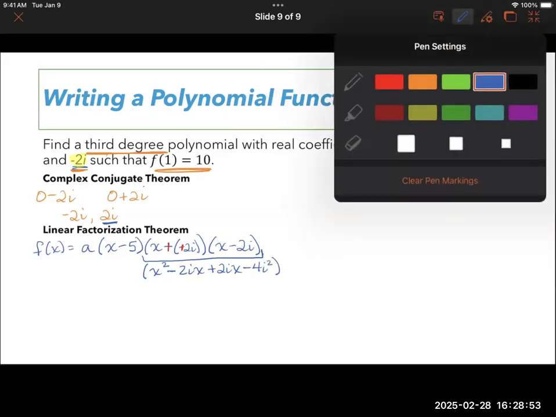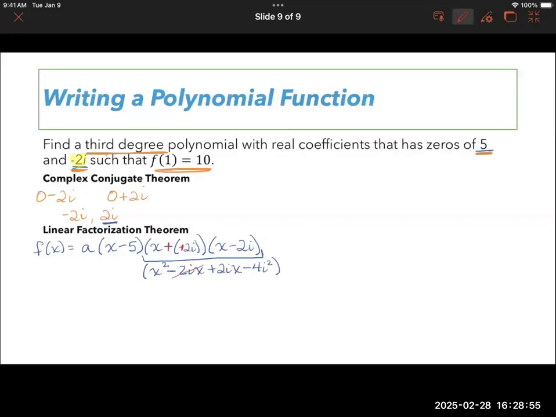So you can see the negative 2ix and the positive 2ix cancel out. So that gets rid of those terms that have i's in it. And remember, i squared is equivalent to negative 1. So this really becomes x squared plus 4. And then we still have the x minus 5 factor and some a value.